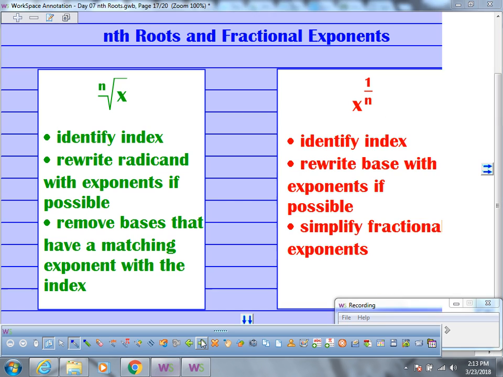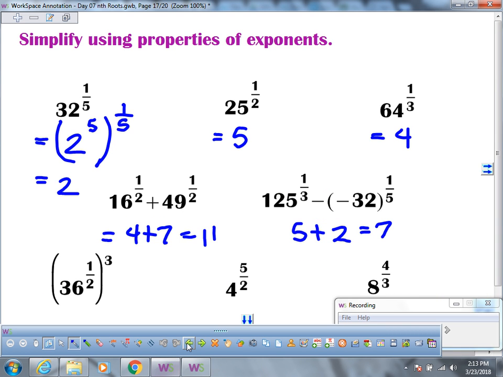I think that's all I need. Yeah, that's it. That's all you need. You should be able to do this practice in like 5 minutes.